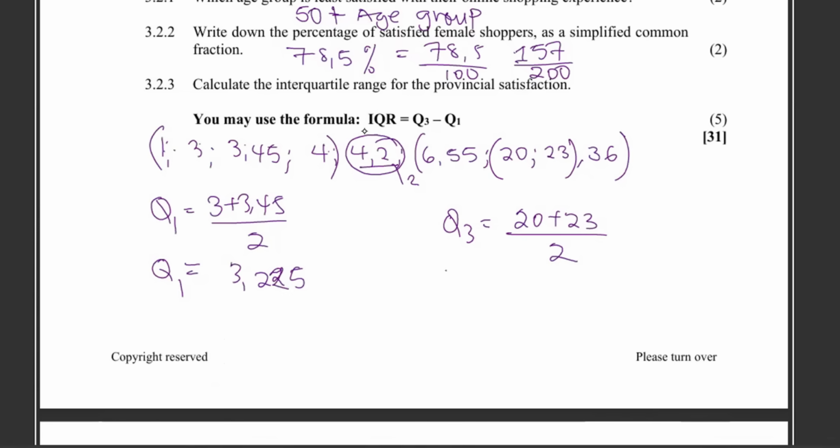And our Q3 is 21,5. So now we have to find the IQR, which is 21,5 that we've got as Q3, minus 3,25. The final answer becomes 18,25.